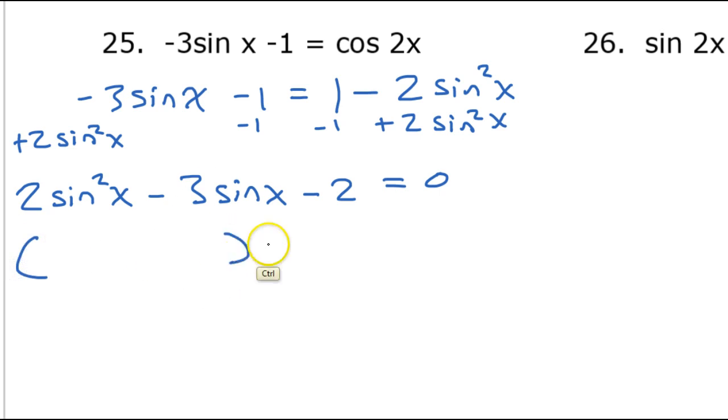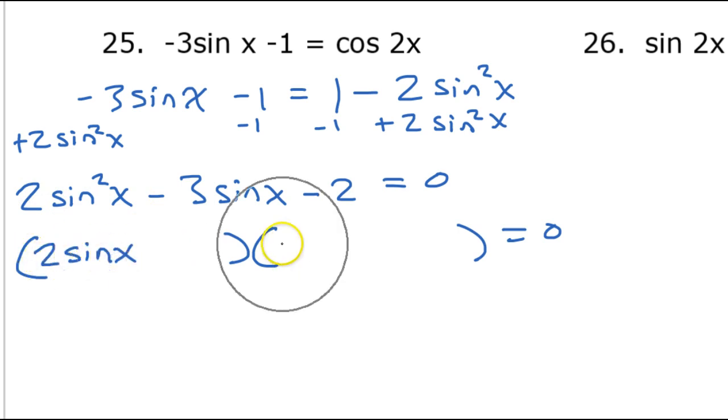Hopefully this is going to be factorable. 2 sine squared will factor as 2 sine x times sine x. The number 2 will only factor as 2 times 1, or 1 times 2.